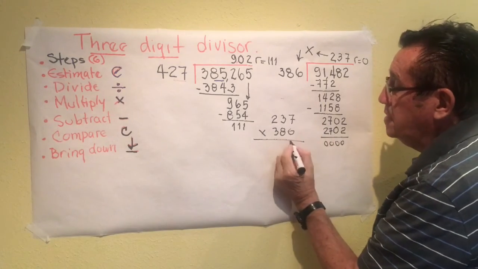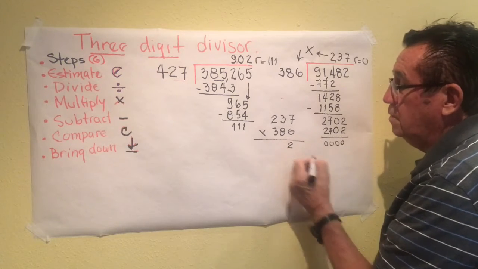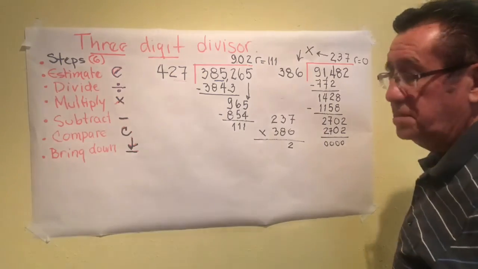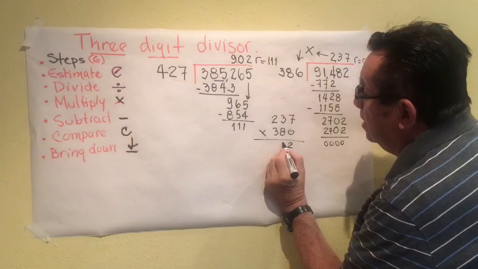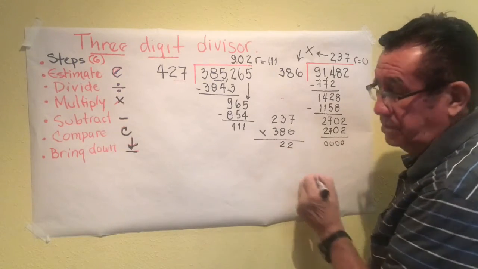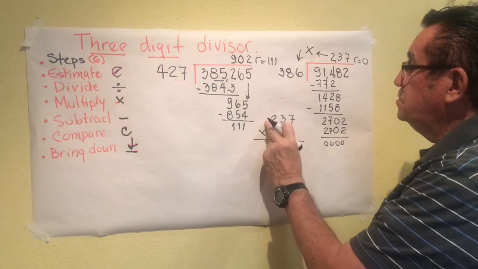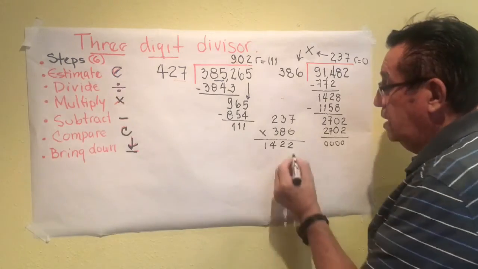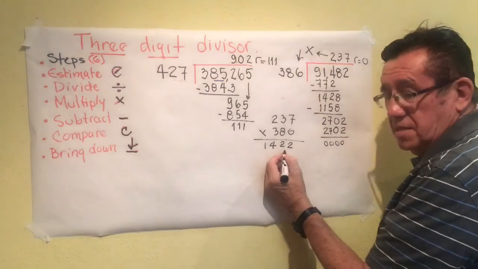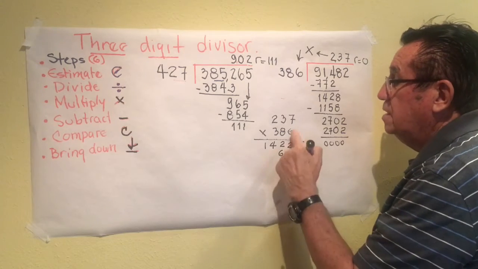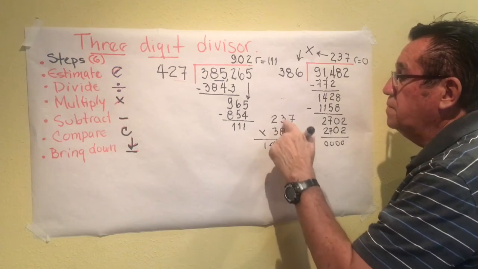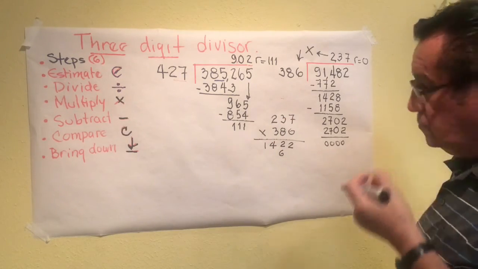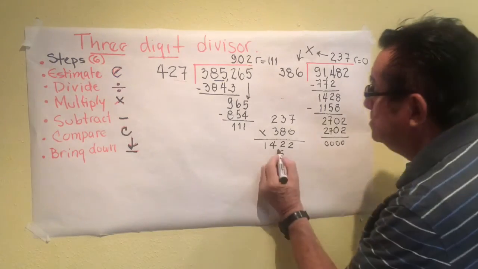Okay, 7 times 6 is 42, take 4. 3 times 6 is 18, and 4, 22, take 2. 6 times 2 is 12, plus 2, 14. Okay? Well, I will continue. 8 times 7 is 56. 8 times 3 is 24, plus 5 is 29.